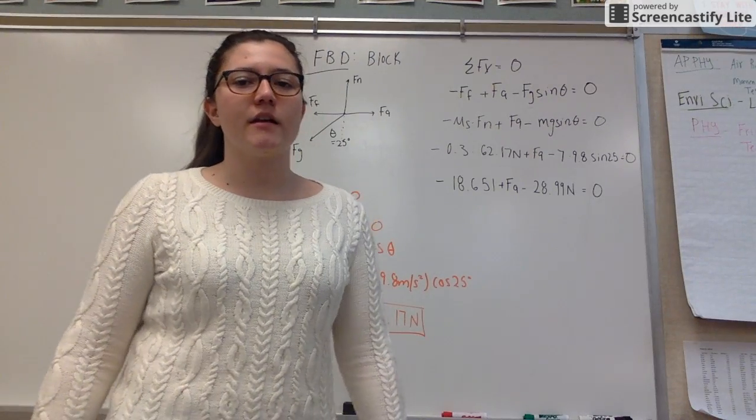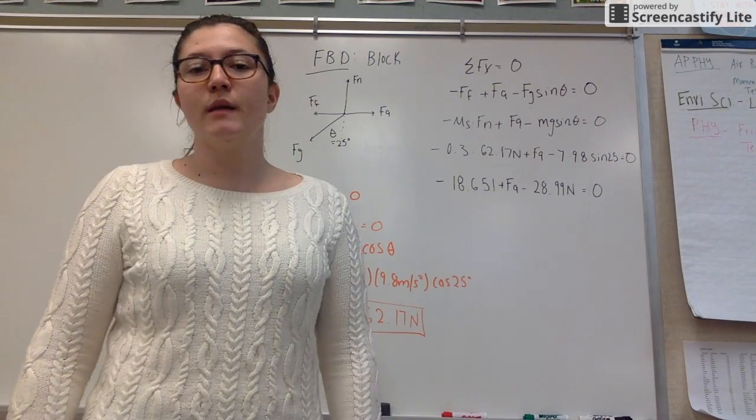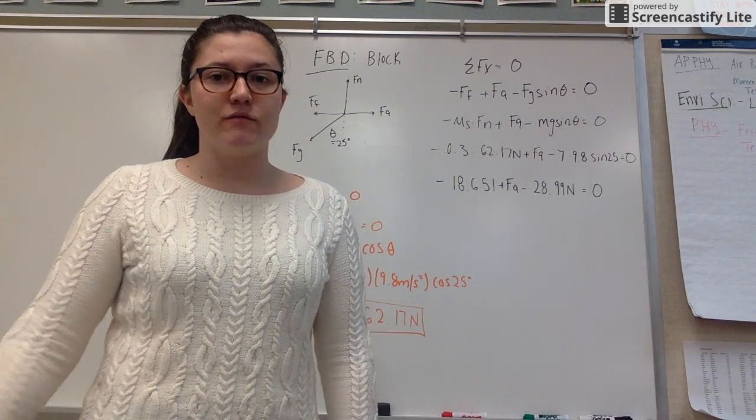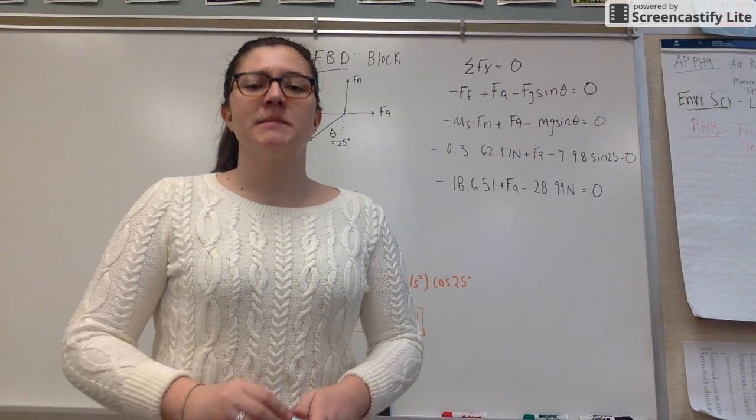So you plug those values into your calculator, you're going to get negative 18.651 newtons plus applied force minus 28.99 newtons. So what I want to do is simplify it.